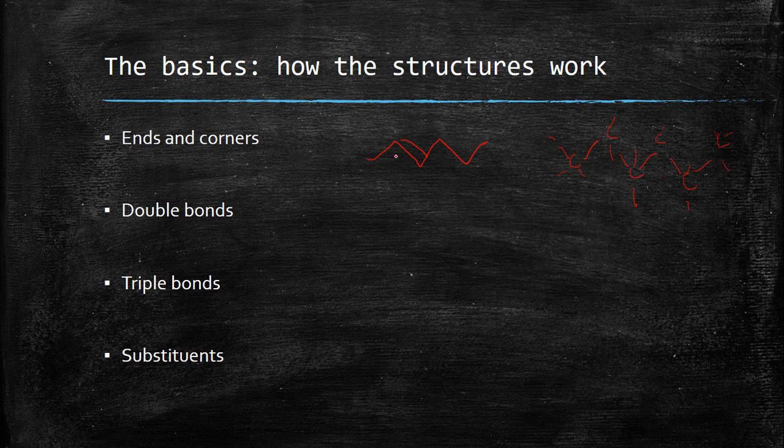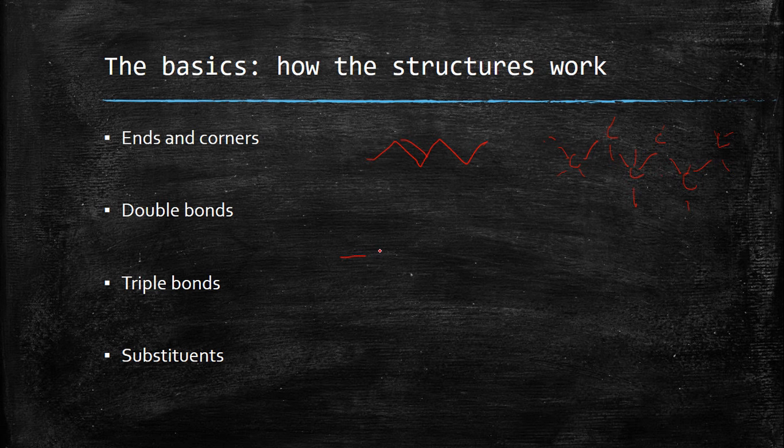You might think, 2 carbons, therefore to get to 4, 4 take 2 is 2 hydrogens. But that's wrong. Since it's doubly bonded to this carbon, we count that carbon twice. So it's actually bonded 1, 2, 3 times, and there's only going to be 1 hydrogen implicit in it.